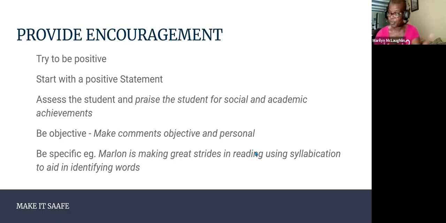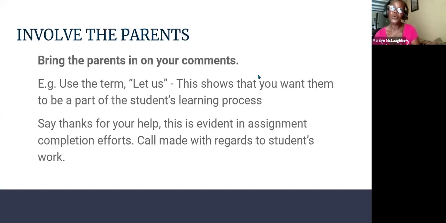He is making strides in reading. He is using syllabication to aid him in identifying his words. He is referring to his timetable to help him with his mathematics in multiplication. So be specific in whatever you are saying about the child. And in being specific, use language that the parents can understand.